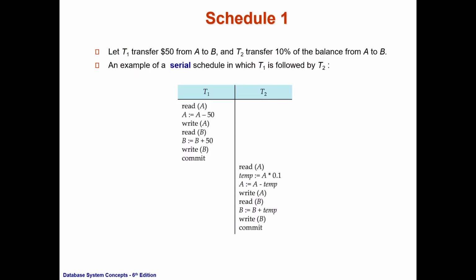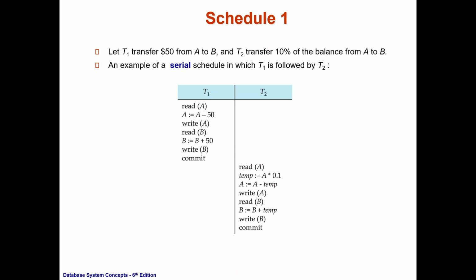Now, let us do the same transactions with a schedule. Let T1 be the transaction which transfers $50 from account A and deposits it to B. The second transaction, T2, deducts 10 percent of the value of A from A and adds the same 10 percent to B. So these are the two transactions.